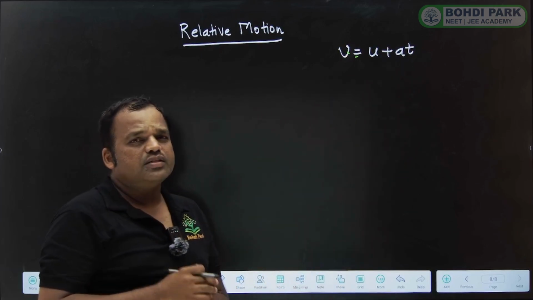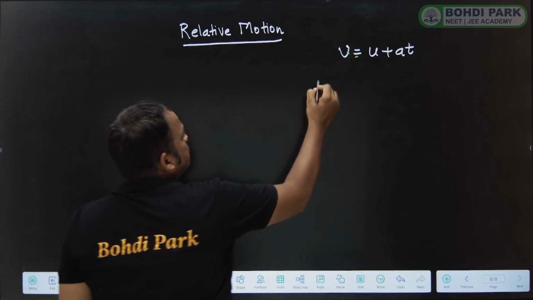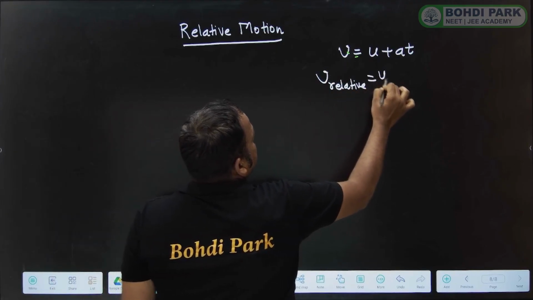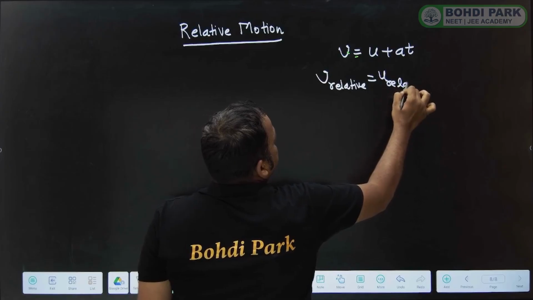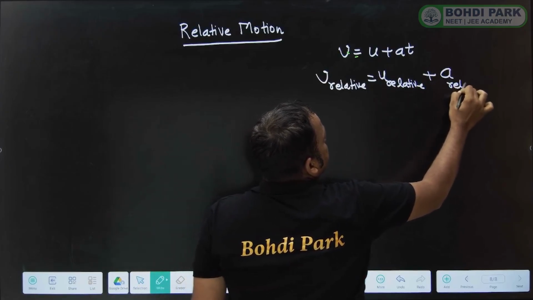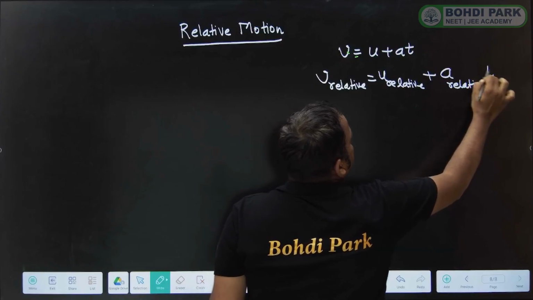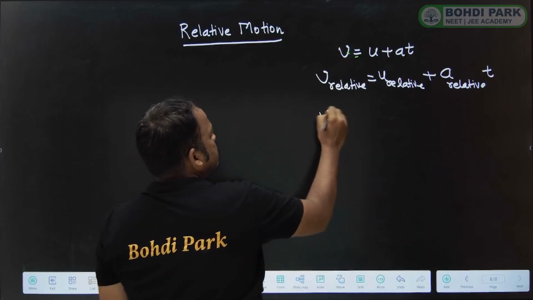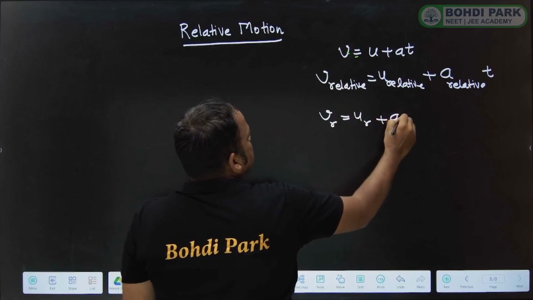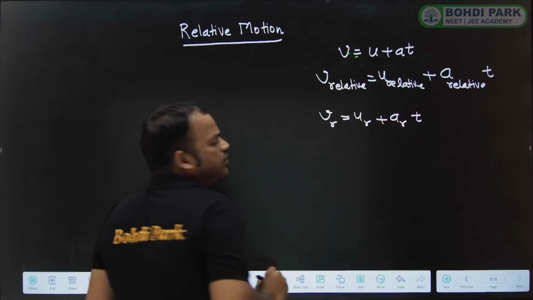So when we consider relative motion, it becomes v relative is equal to u relative plus a relative into t. So in short, we can say v relative is equal to u relative plus a relative into t.